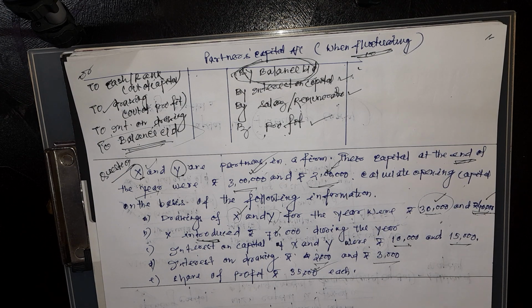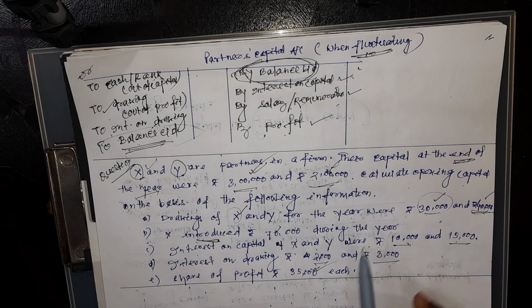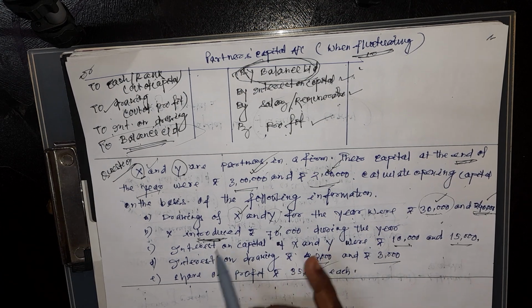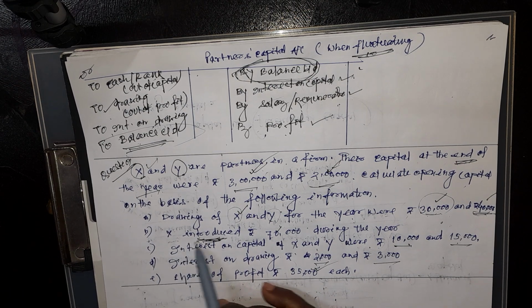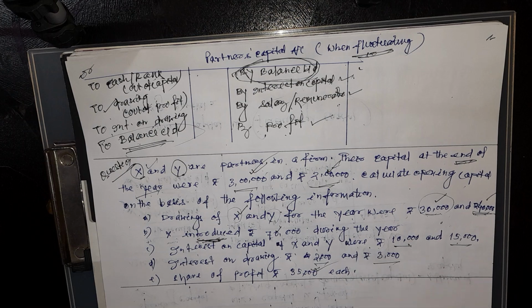So interest is credited to X 10,000 and to Y 15,000. X introduced 70,000 during the year. Introduced means he brought more, that is additional capital. But only X brought it.